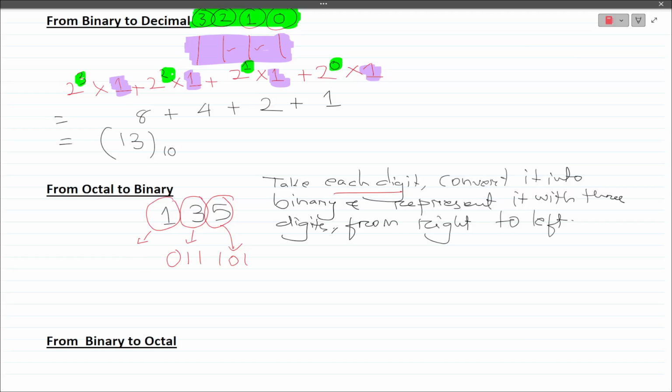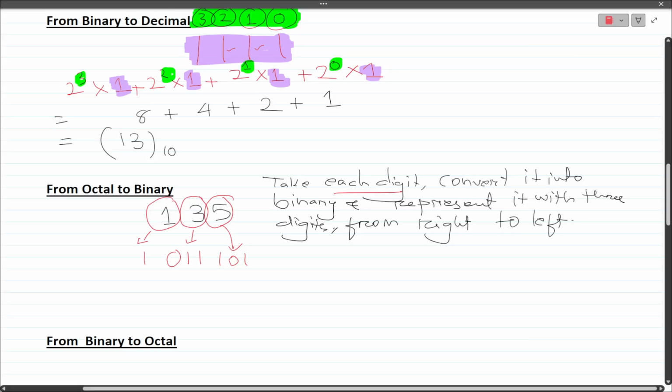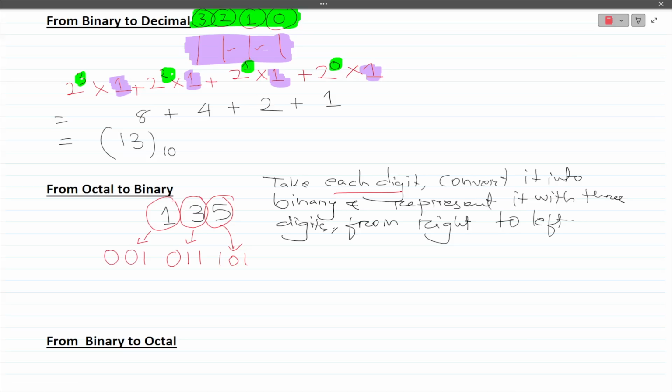Now what I need to do is represent it in 3 digits, so add another 2 zeros to the left. Okay, now my task is done. Now I need to write them out combined, 011 101, and I will put a base of 2. This is how my octal number will be converted to binary.